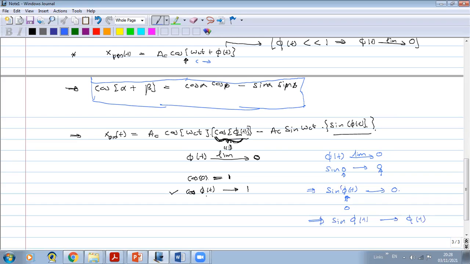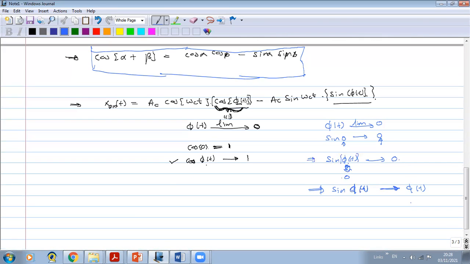And again, we know that this 5t is also limiting to 0. So this 5t is very much equal to 0, and sine 5t is also very much equal to 0. So sine 5t is very much equal to 5t. We can say that, no? So we can use this assumption. This sine term also we can eliminate, but instead of this sine term, we have to substitute 5t.